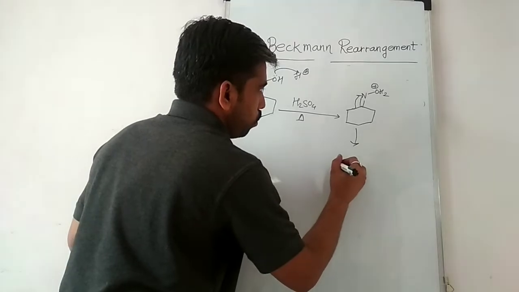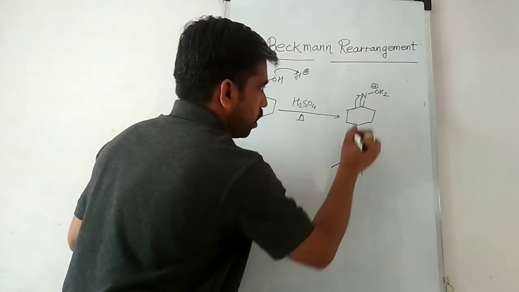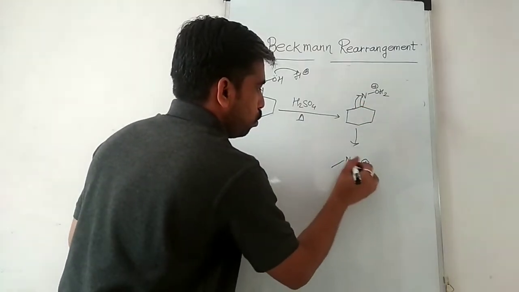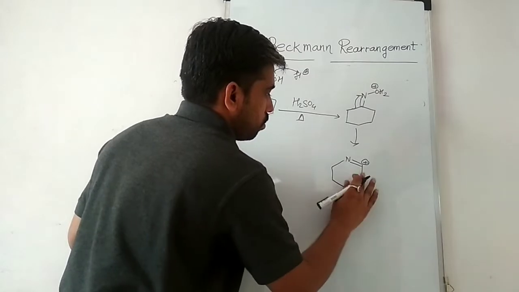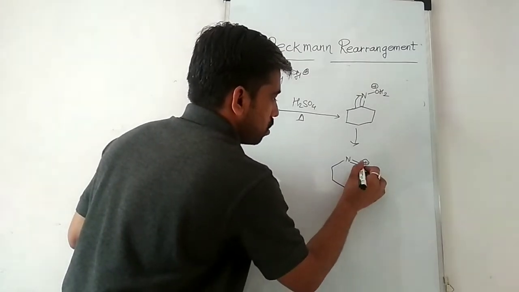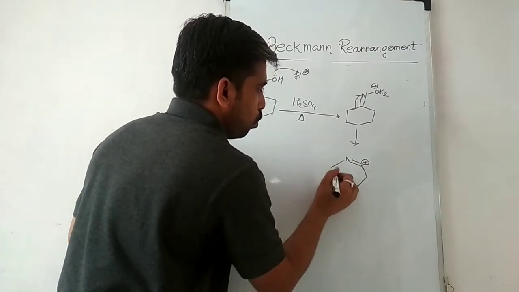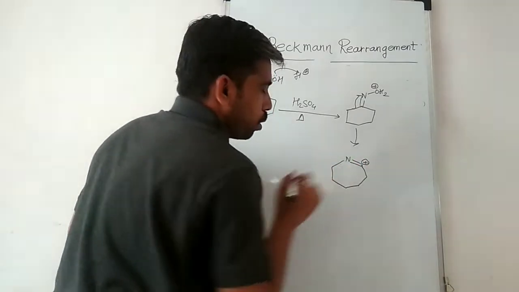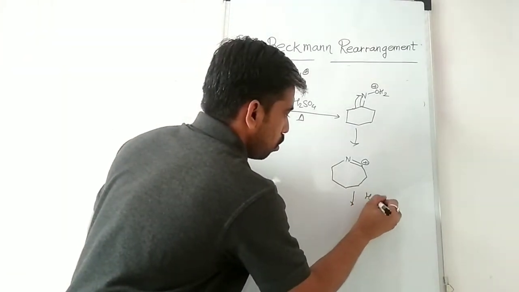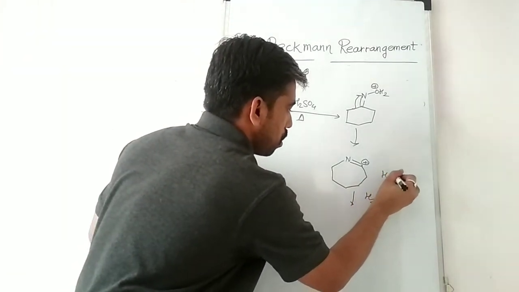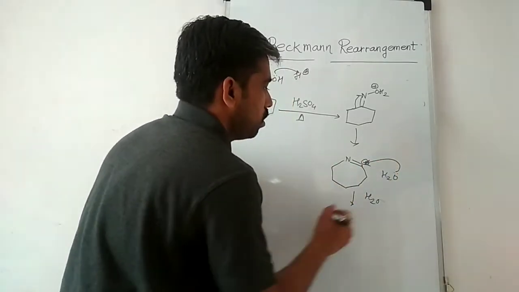There is formation of the 7-member ring. The carbon atoms from here 1 2 3 4 5 6 7, like this. This is the formation of the 7-member ring. Again, a water molecule attacks this electron deficient center.